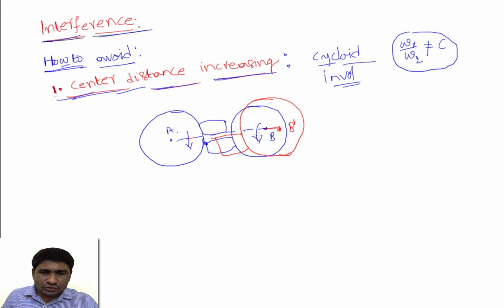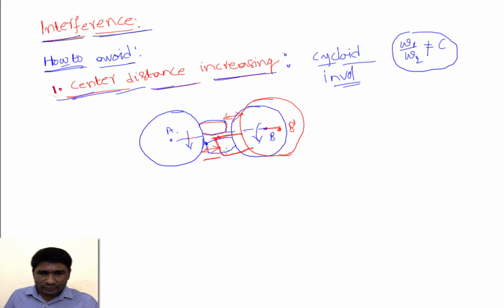But still these two gears are in contact, because the tooth on gear B is still in contact with the tooth on gear A. So there is still motion between these two. But here the distance between the tip of the tooth and the base circles of the two gears is increased. So what happens here? The chance of interference is greatly reduced in this case.